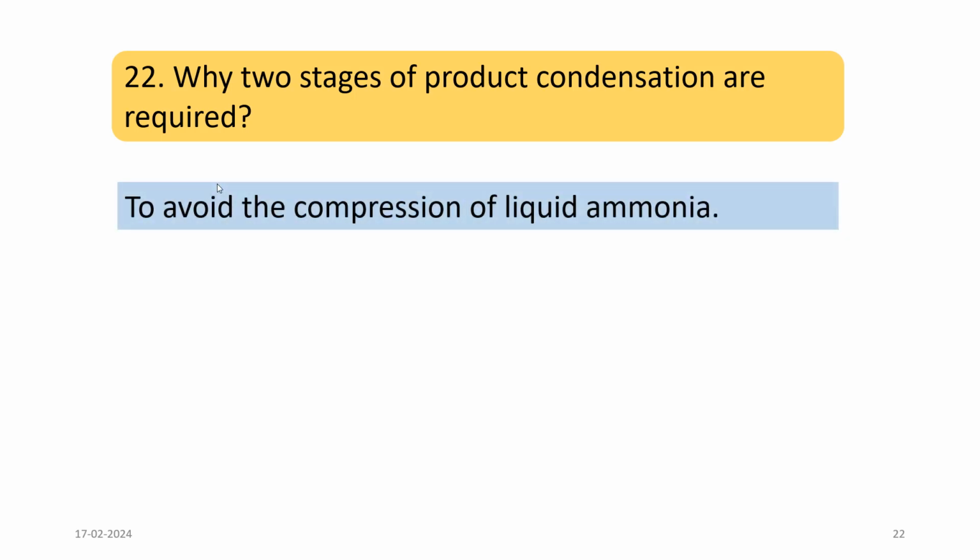The answer will be to avoid the compression of liquid ammonia. If we compress the liquid ammonia, that will not be helpful for our production, right? So that is why we avoid the compression of liquid ammonia, and that is why we use two stages of product condensation.